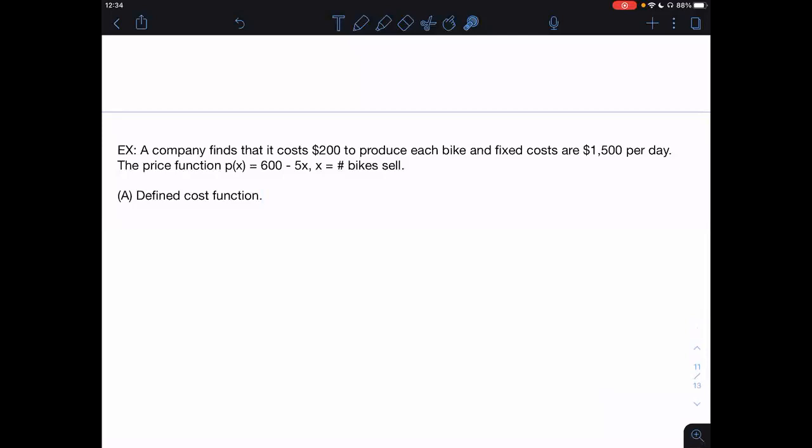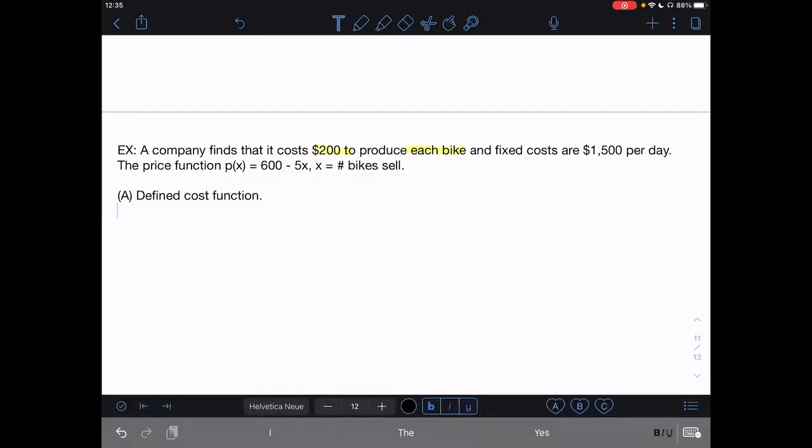Let's see what they tell us. First thing they tell us is that it costs $200 to make each bike. So it costs the company $200 per bike. Let's start setting up our cost function here, which I'll denote as C of x.